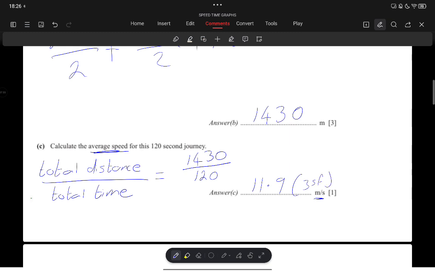Notice that I am writing down all my working out here: my actual calculation, 1,430 divided by 120, and then my answer rounded to 3 significant figures. I'm just covering myself, making sure that I am giving the examiner what they want to see.